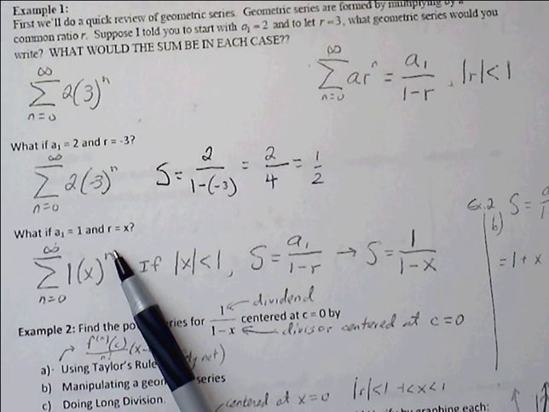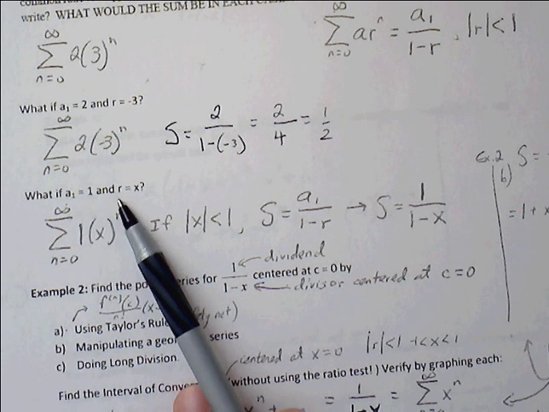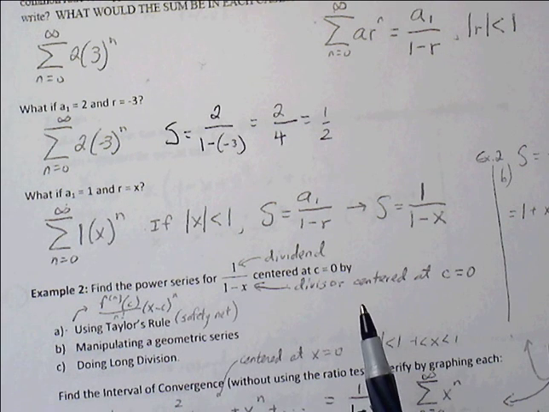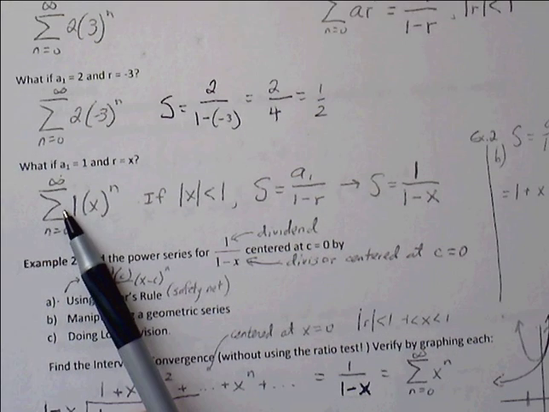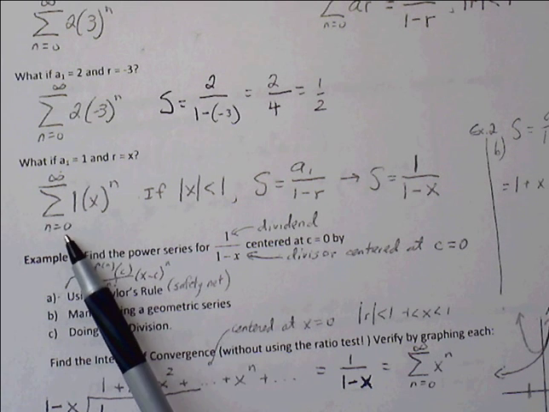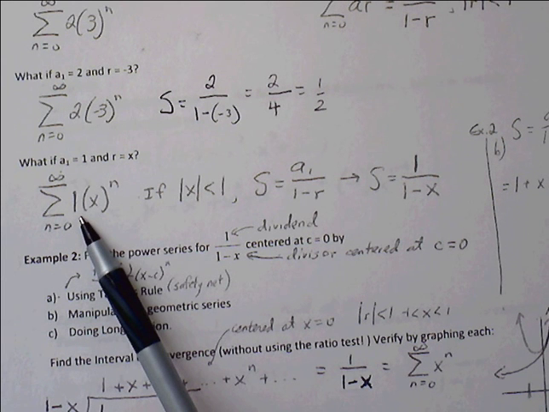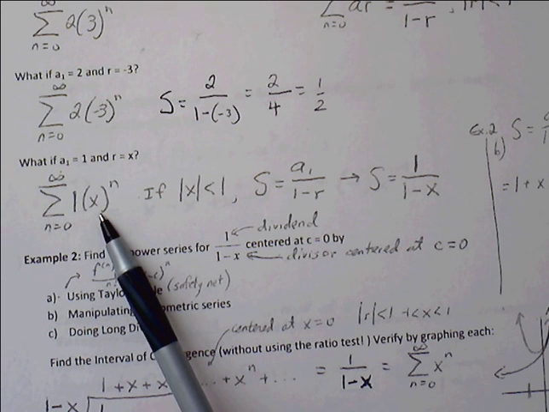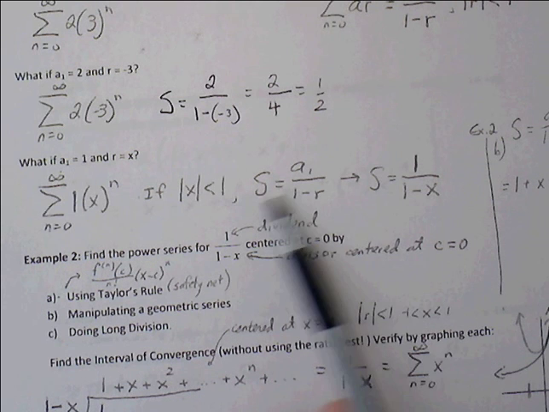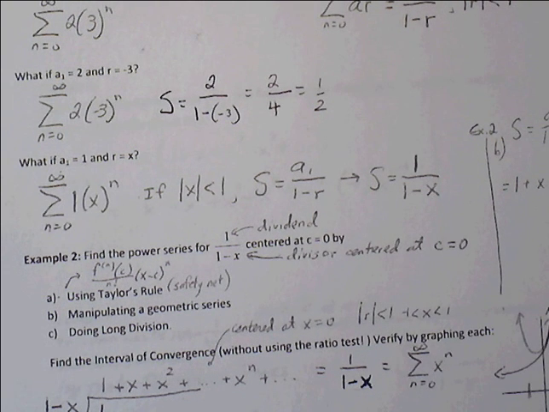And it says, what if a sub 1 is equal to 1 and r is equal to x? Now here what we have is 1 times x to the n. So we have 1 being the a sub 1, x being the ratio. And if that were the case, our sum would just be 1 over 1 minus x.